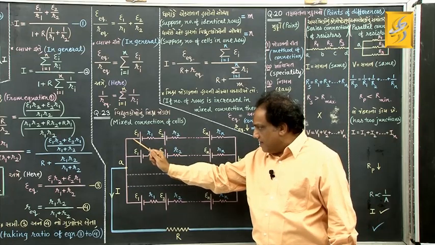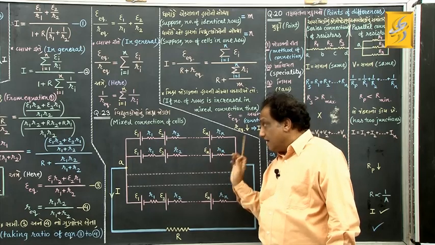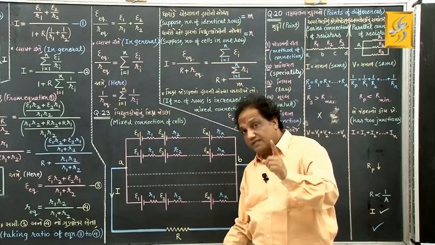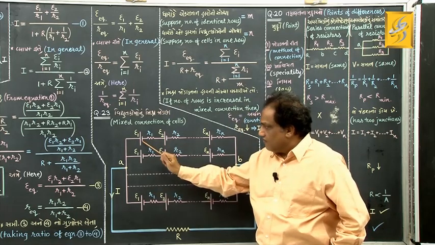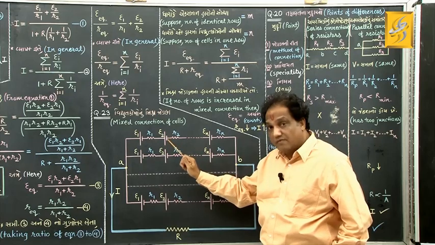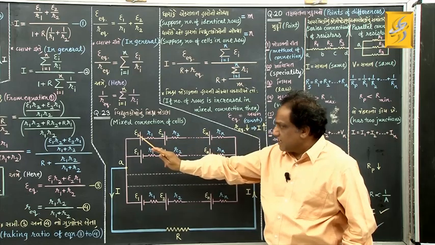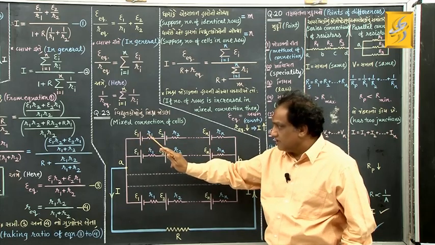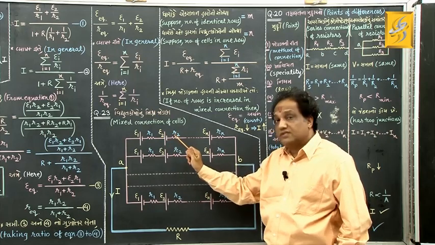Here in any row you will find n number of cells connected in series, and as I told earlier, in an assisting manner. Negative of first is connected with positive of second. Negative of second will be connected with positive of third, and so on. Correct? First cell has EMF E1, internal resistance R1. For second cell, EMF is E2, internal resistance is R2.